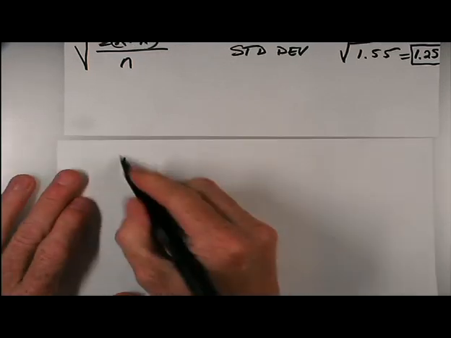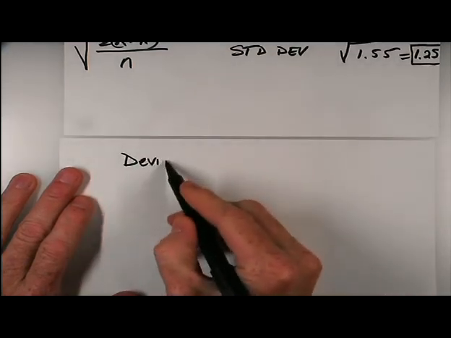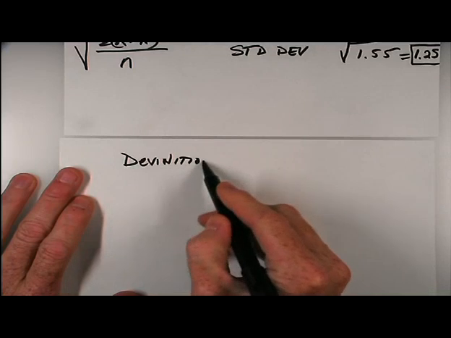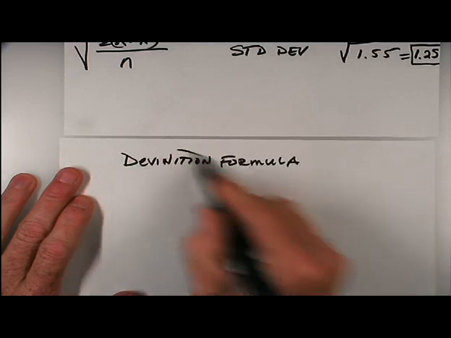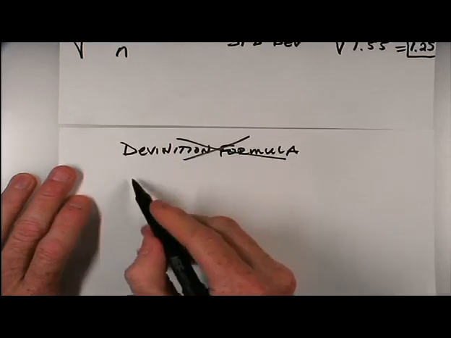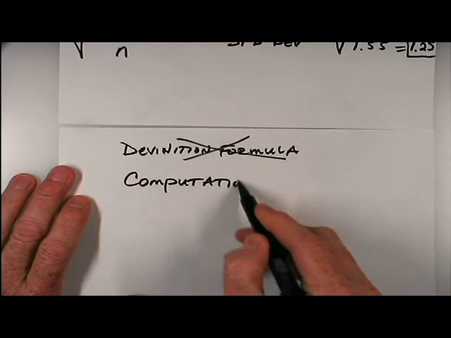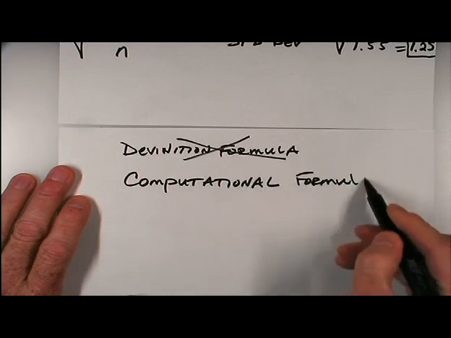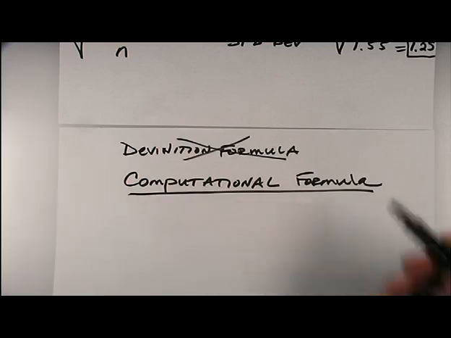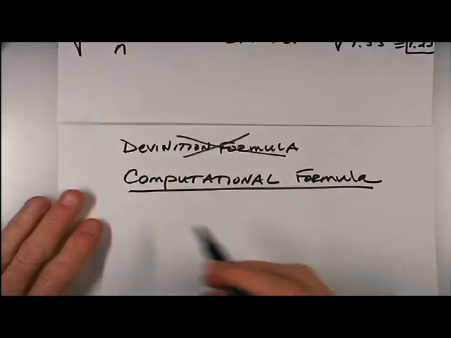So when we want to get to the party, we don't do the definitional formula. We do what's called the computational formula. The computational formula gets you the same answer, but you won't be able to really tell exactly what you're doing by the formula.